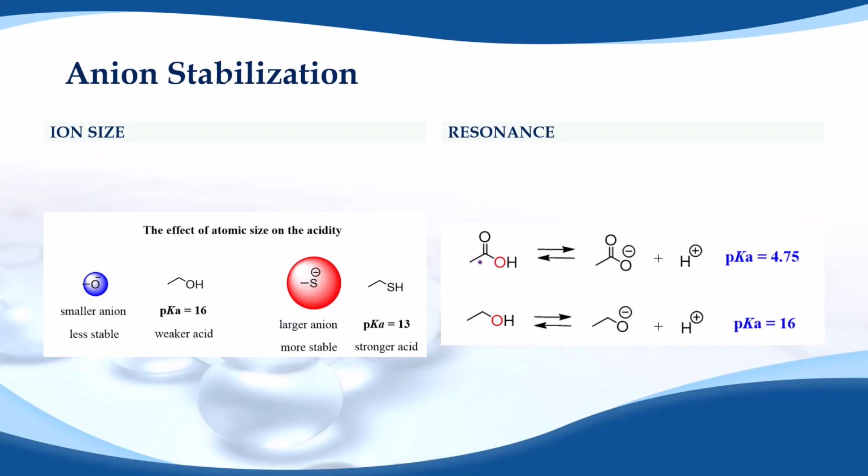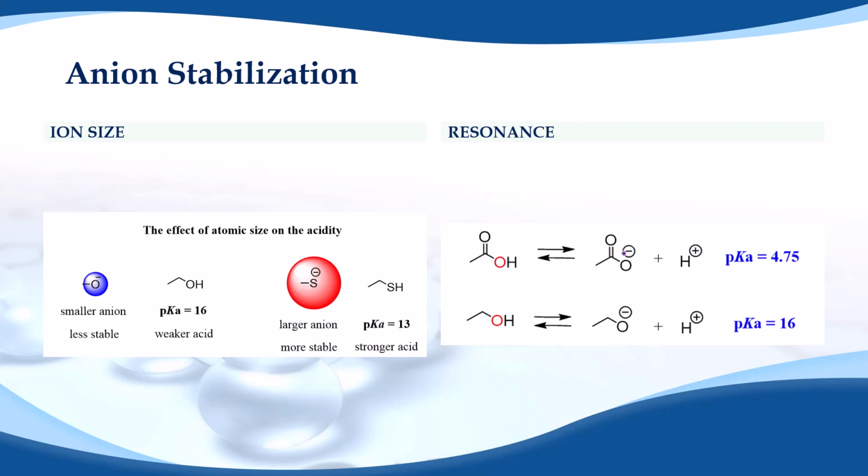And resonance forms: here we have acetic acid versus ethanol. Ethanol is a very weak acid because, although you can theoretically pull this hydrogen off, there's no resonance form for the ethoxide ion to stabilize this negative charge, so it's a fairly weak acid overall.